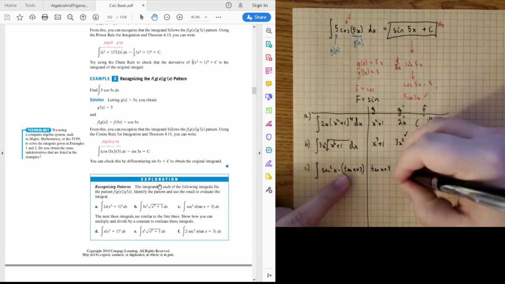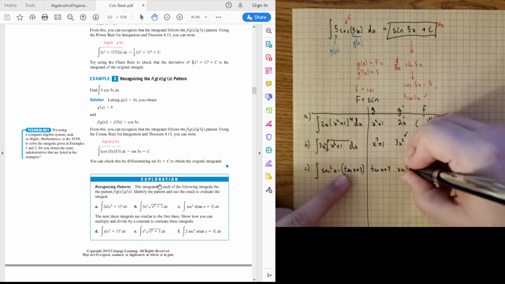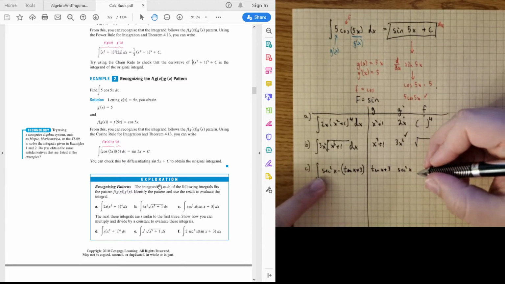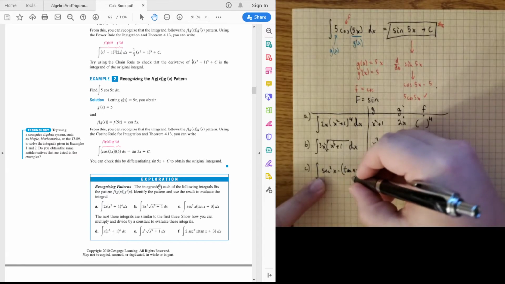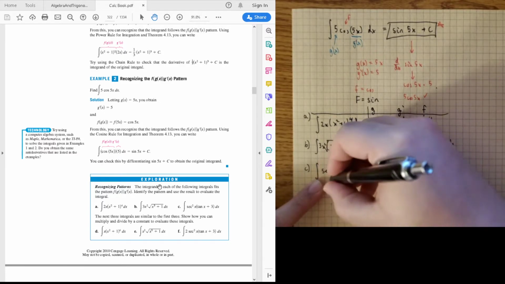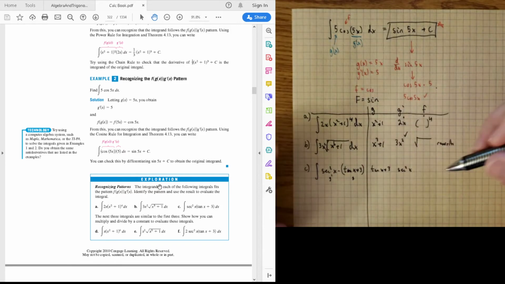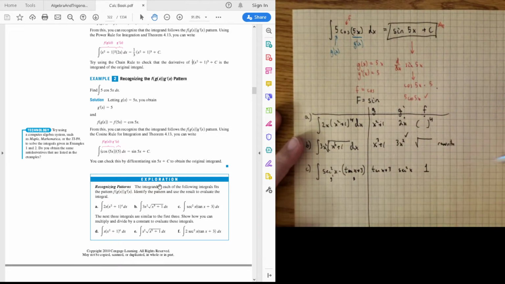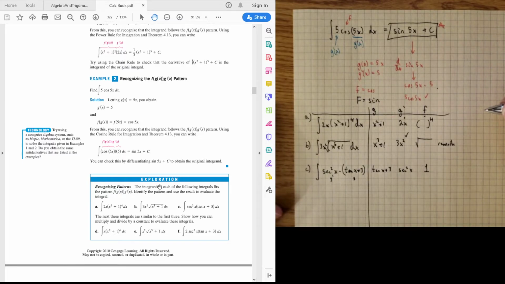Well, the derivative of tangent is secant squared of x. And lo and behold, that's in my problem. In this case, we have g here, we have g prime here. The question becomes, where's f? Turns out f is multiplying by 1. Doesn't really do anything.